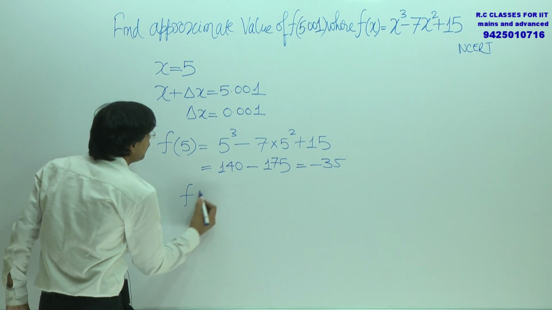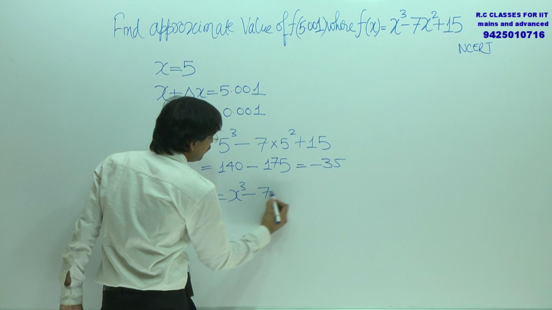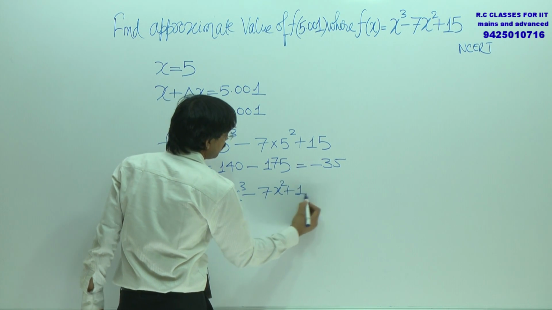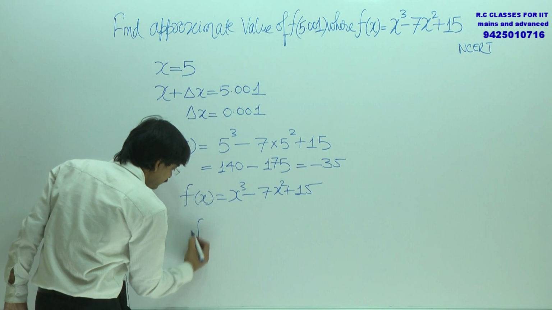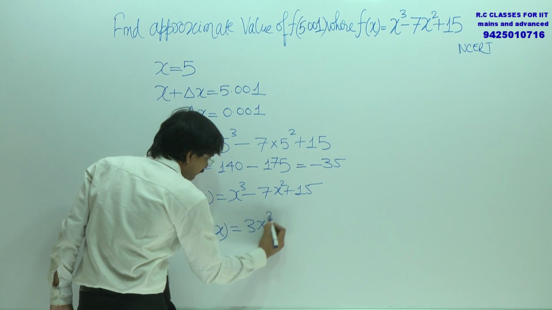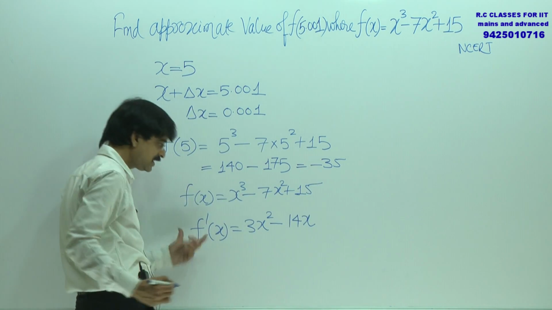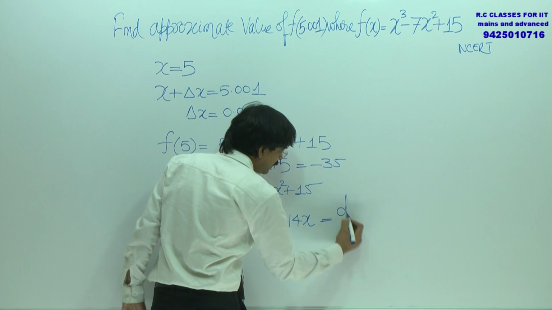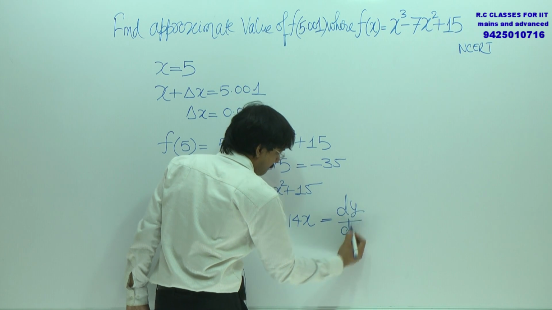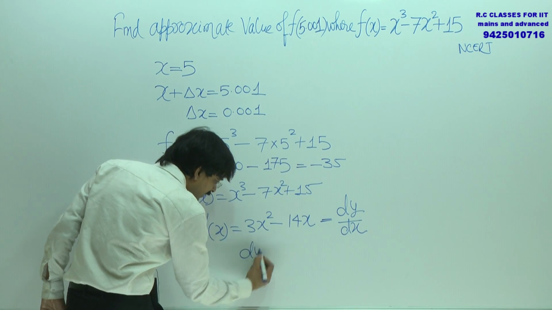Now f x is x cube minus 7x square plus 15. We differentiate this given function, f dash x is 3x square minus 14x, which is nothing but equal to dy by dx, right? And then we calculate dy by dx at x equals 5.